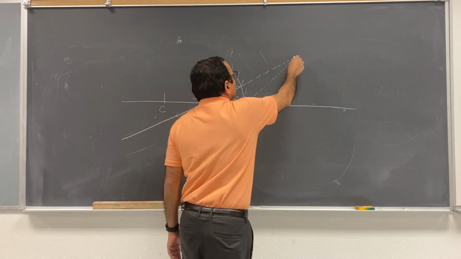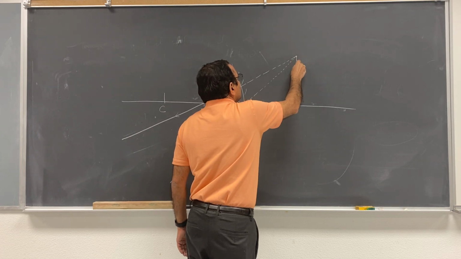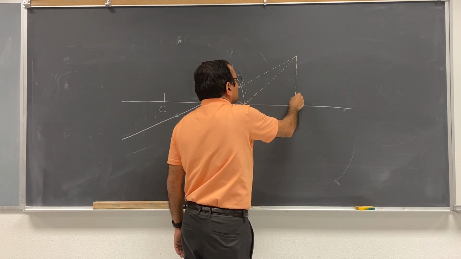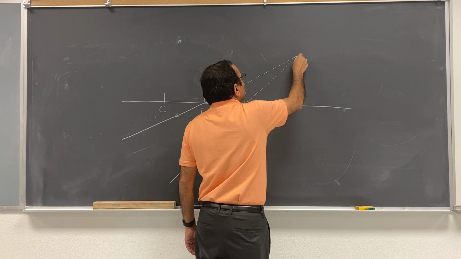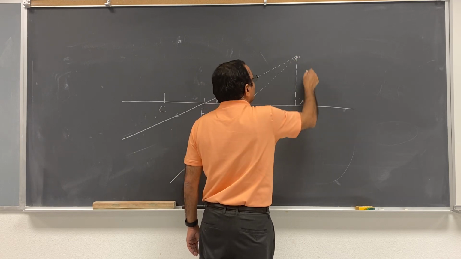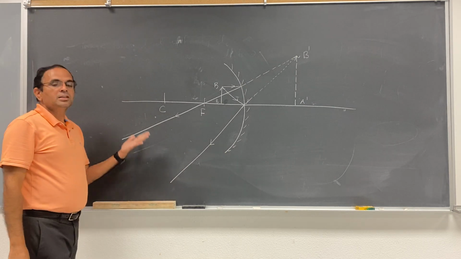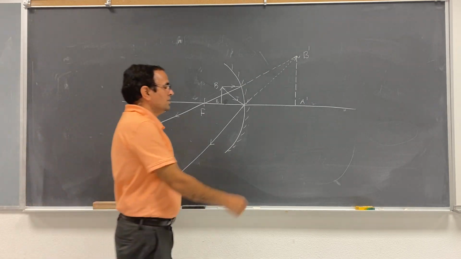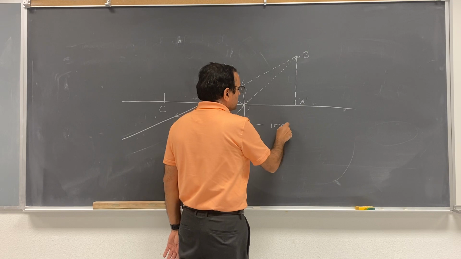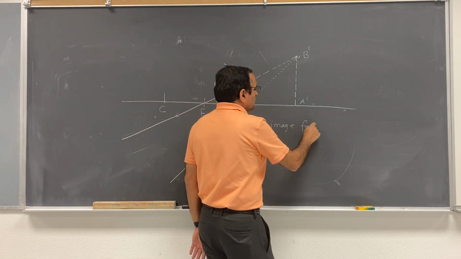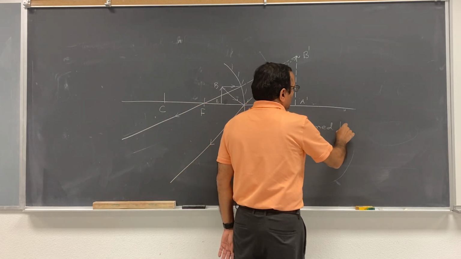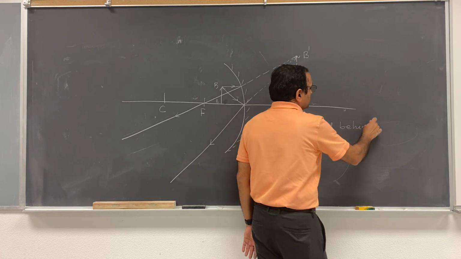Now these two rays meet here then. So this is your image A prime, B prime. So in this case, the image is formed behind the mirror.